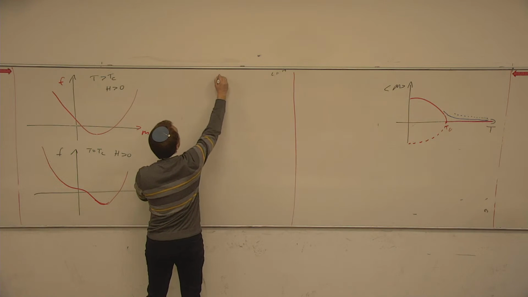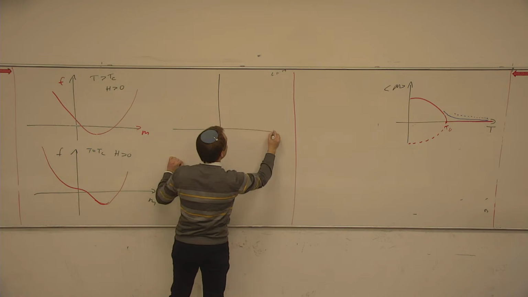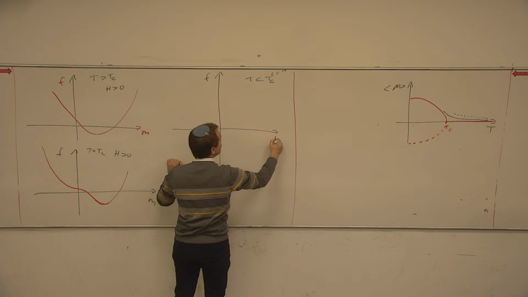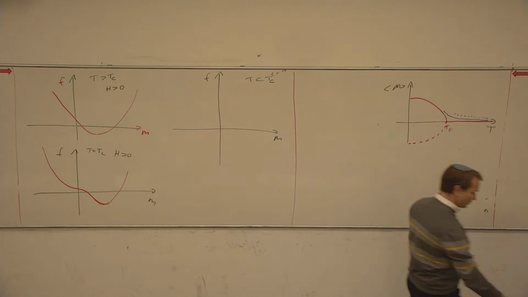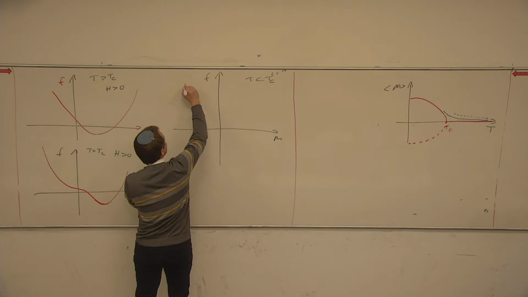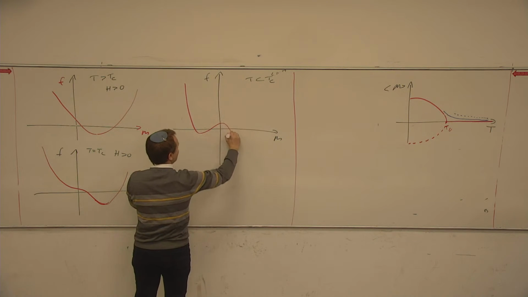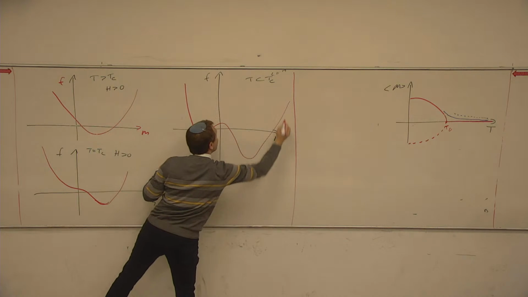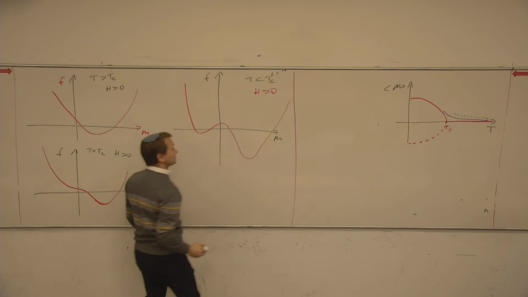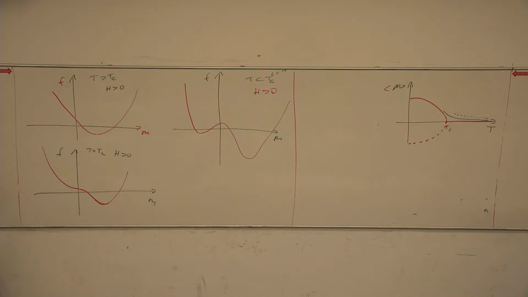So if we now go to t below Tc, and we plot f as a function of m, we start to see a double well function. Okay? So it looks like this. Okay? And h is positive. Okay? Nothing bad happens afterwards, so this is the whole behavior.